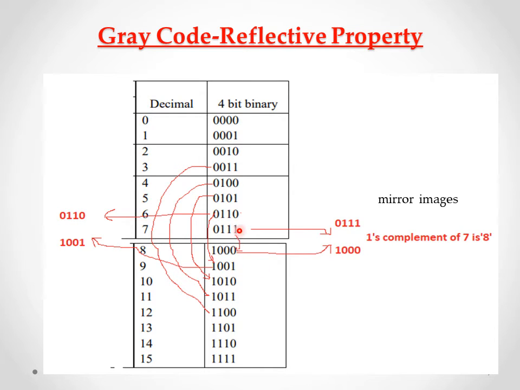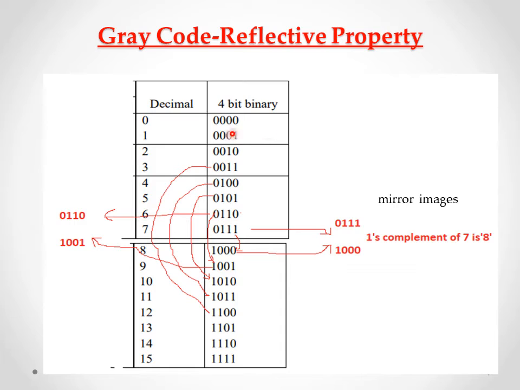So if you take the 1's complement of 7, that will give 8. Next, if you take the 1's complement of 6, that will give 9. Then the 1's complement of 5 will give 10, and the 1's complement of 4 will give 11. This is called the reflective property, and we also call it the mirror image.